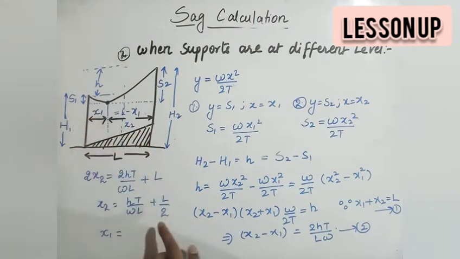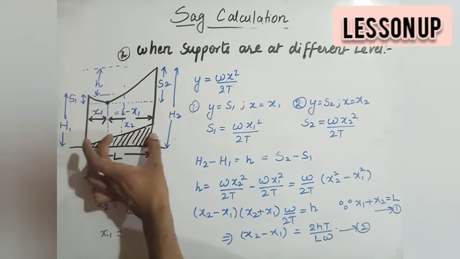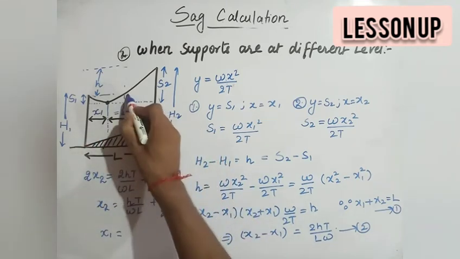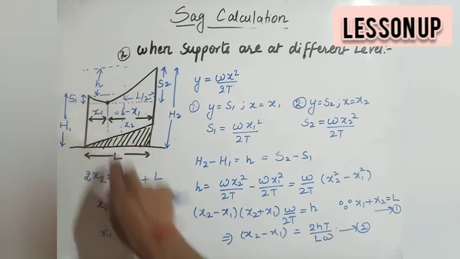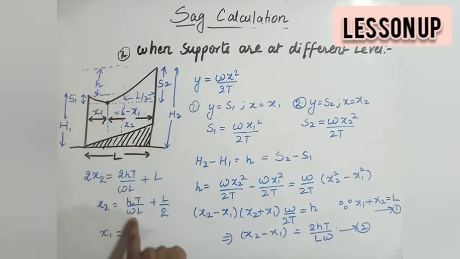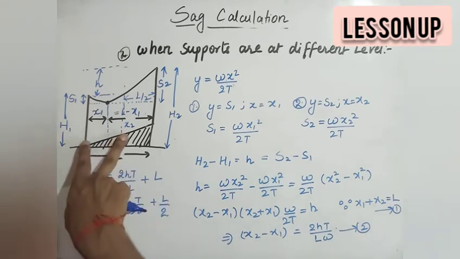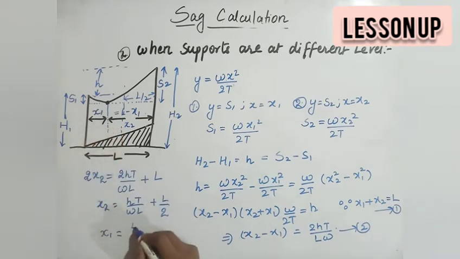So x2 is equal to L by 2 plus ht divided by WL, right? So the expanse is more. This is L by 2. This is L by 2. So the remaining will be ht by WL. So according to this, what will be x1? x1 will be L by 2 minus ht by WL.